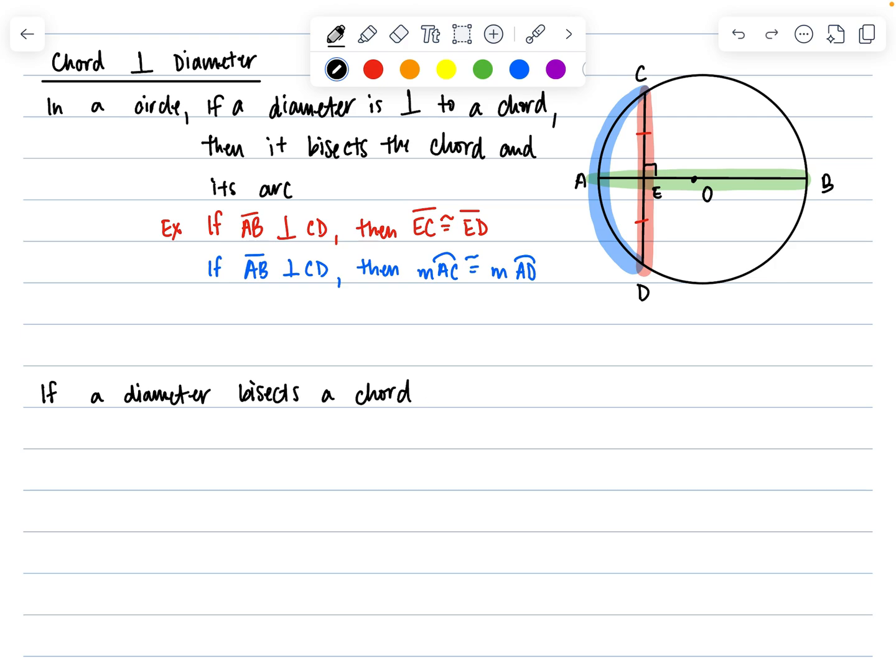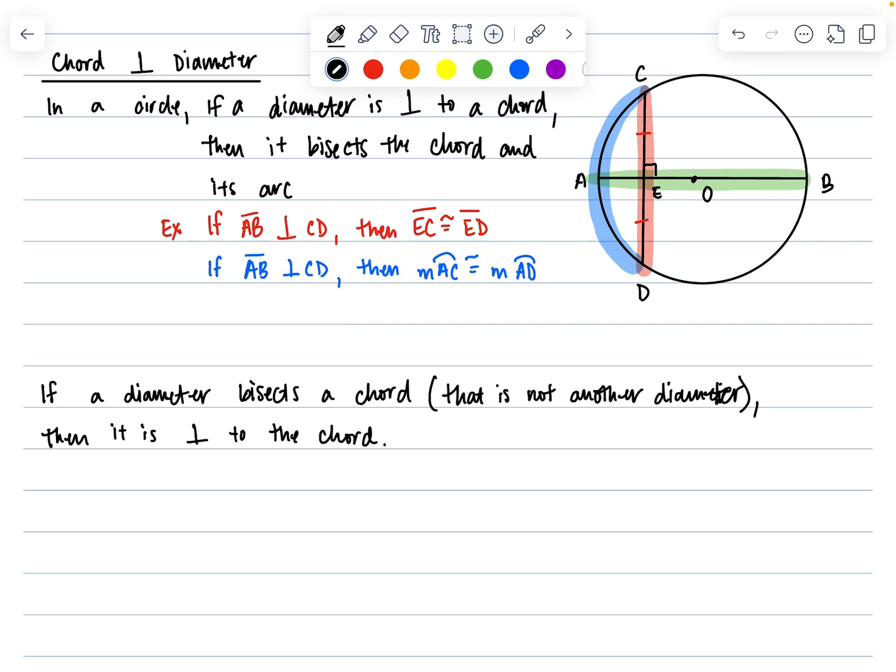And we're going to note here that it is not another diameter, because you could have multiple diameters. I'll explain this in a second. Then it is perpendicular to the chord.